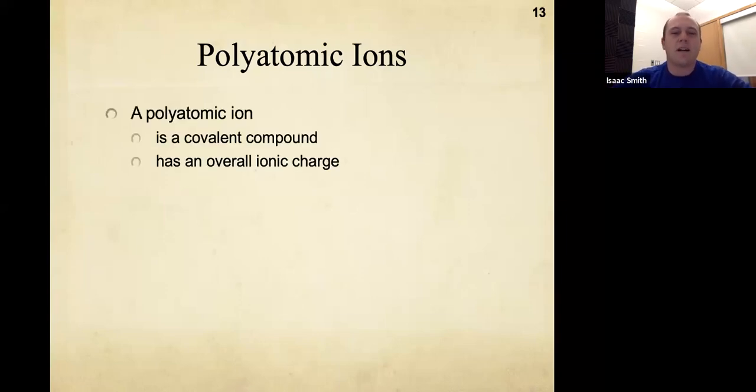Polyatomic ions are basically when you have more than one element that's giving you an ion. So far we've looked at just ions of chlorine or ions of sodium, and so you have a charge on a single element. A polyatomic ion is actually covalent compounds between elements that have an overall charge on them.